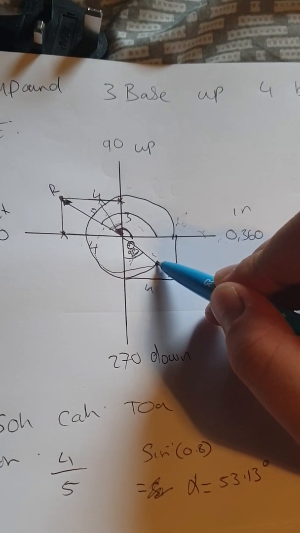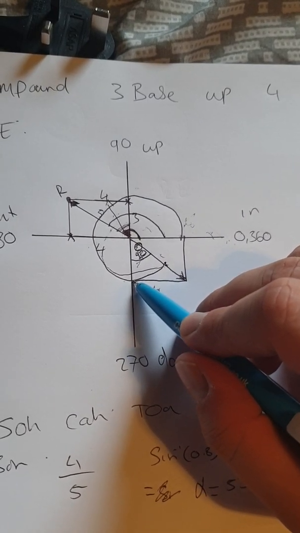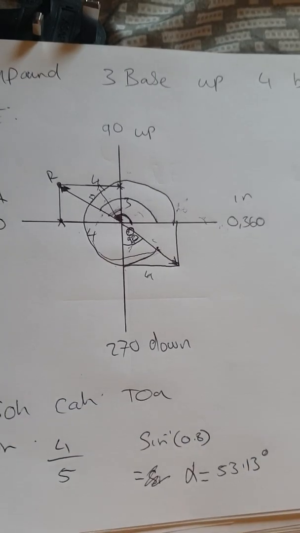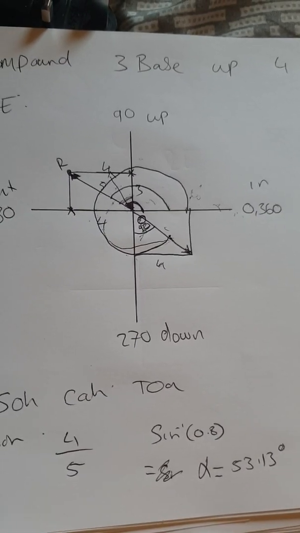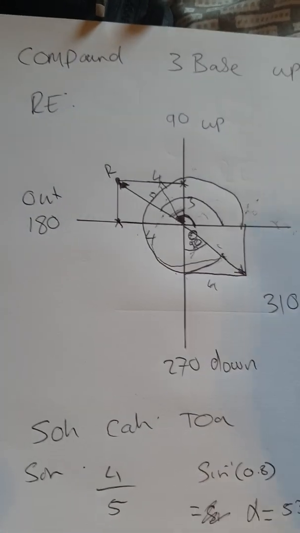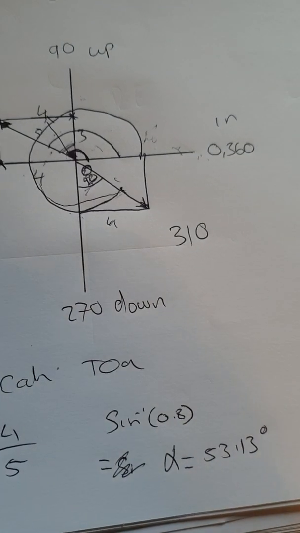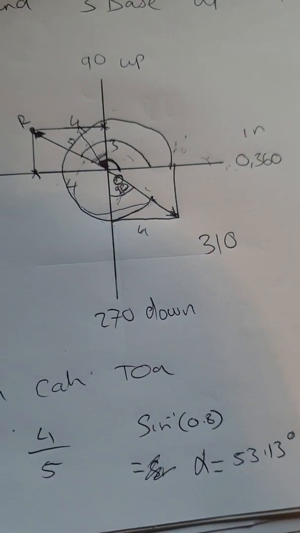So in which case, it would actually be 270 plus whatever it was. So you could, in theory, say that it is 310.